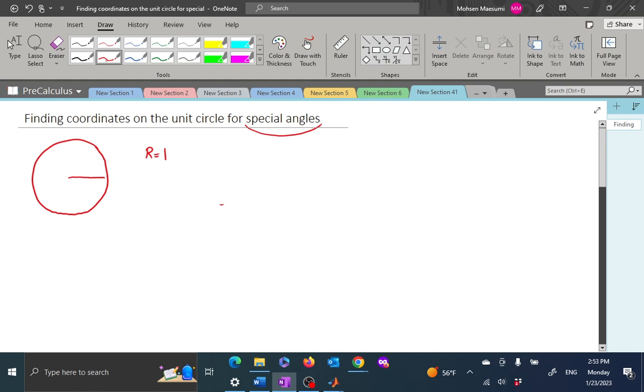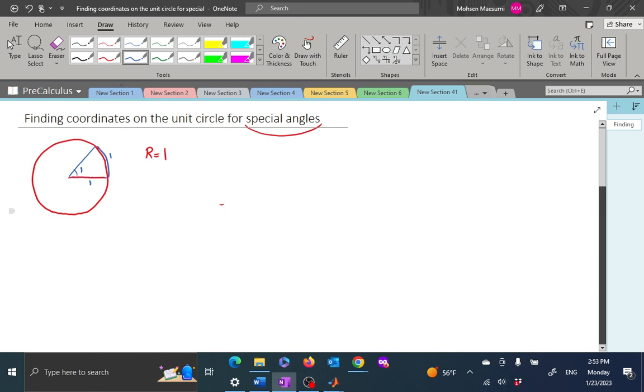We are going to emphasize these locations now, and later on we are going to look at all the other locations as well. So you remember that we talked about radians, and we said if you take a rope the size of this radius and lay it on the circle itself, so this is 1 and this is 1, that angle was called 1 radian.